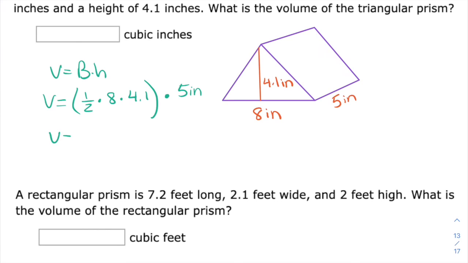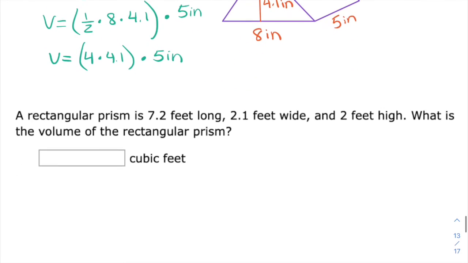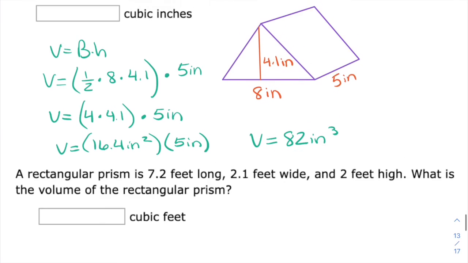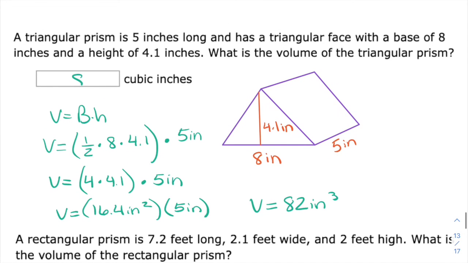So volume is going to be 4 times 4.1 times 5 inches. So 4 times 4.1 is 16.4. And we're going to multiply that by 5. And so volume equals 82 inches cubed. And there we go.